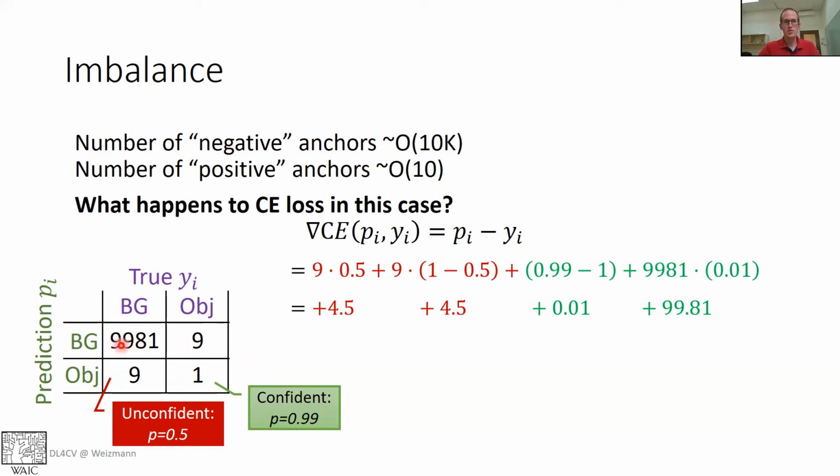And since you have so many examples of correctly classified background, we are still going to focus on them. So eventually, in this severe case of imbalance, we get a classifier that says always predict background, because most of the time it will be correct, but it doesn't give you any meaningful object. So this is the problem of class imbalance. It's very acute in the context of object detection and in segmentation that we'll see later on.